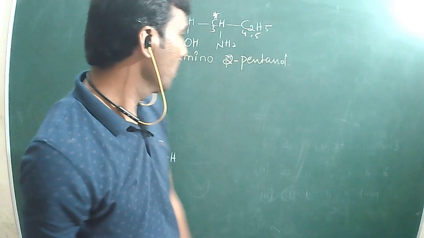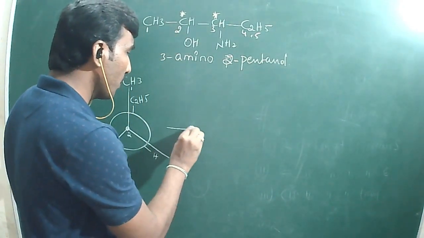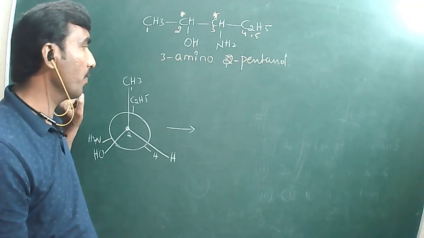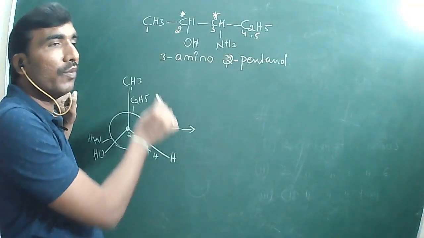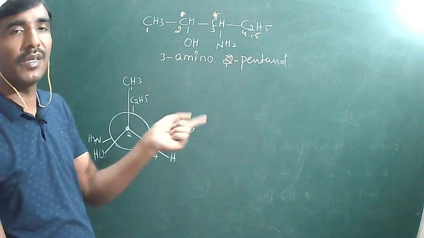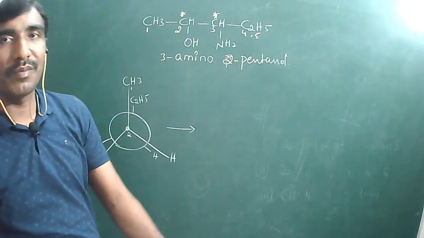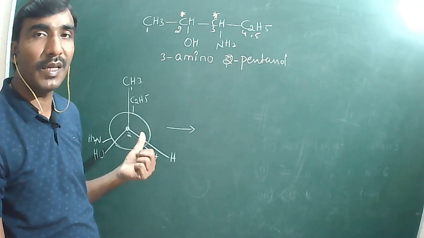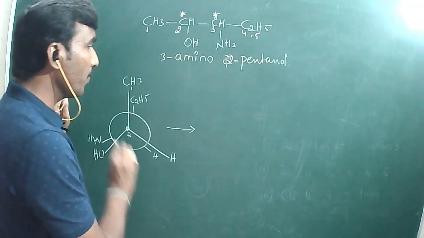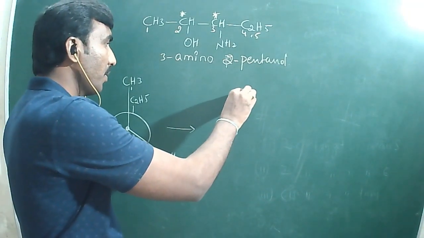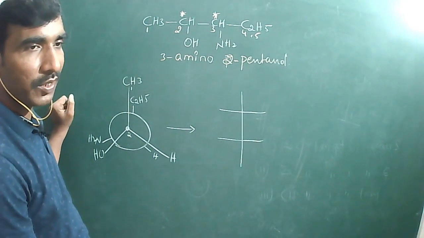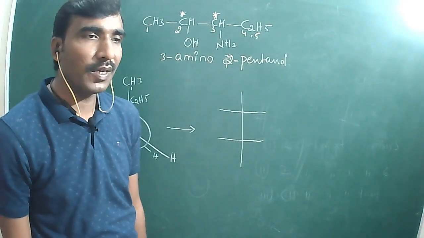Now I want to convert it into the Fisher projection formula. Remember one thing, all Fisher projection formulas are eclipsed Newman by default. Actually eclipsed, staggered, gauche, anti, some conformations will be there, that we will discuss in conformational isomerism. Here we have two chiral centers, so this is the Fisher projection frame I have to write.